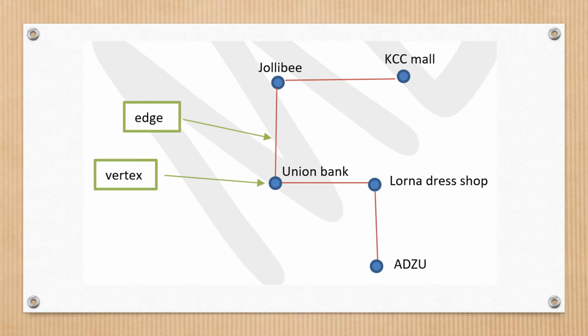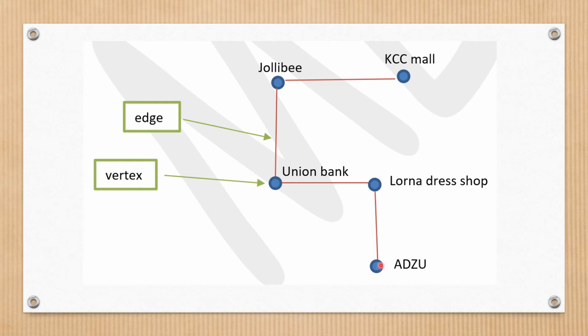The vertices here represent some of the popular places or popular areas, for example the KCC, the Jollibee, Union Bank, a dress shop by Lorna, and Ateneo de Zamboanga University.